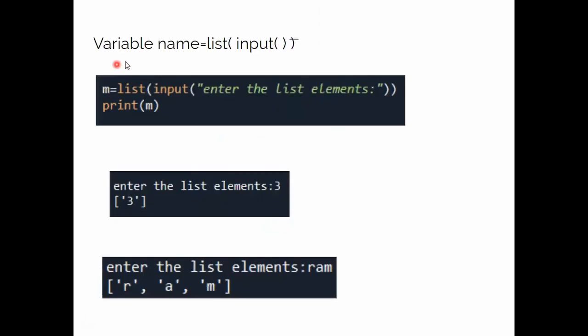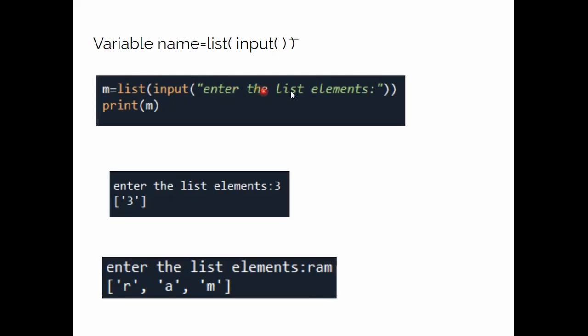Another way of creating a list is by using list with input and the string. So list takes a parameter, I am taking input, and input also takes a parameter. The use of the input function is to allow the user to determine what kind of data has to be inserted.